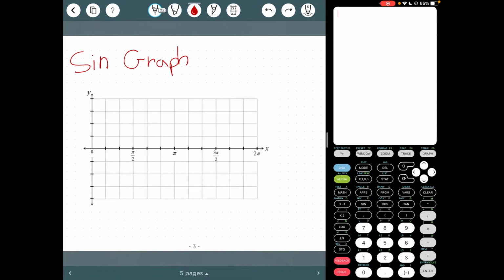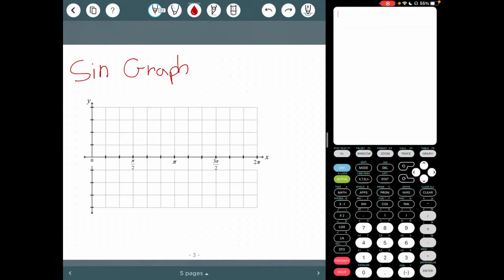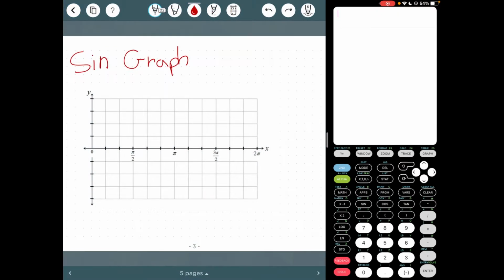So the sine graph. This graph will always start at 0, 0. And from there, it goes up to 1 at pi over 2. And let's just say this is 1, that's 2, and that's 0.